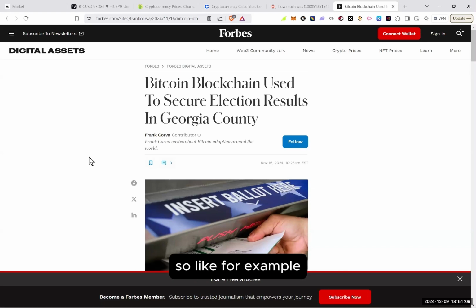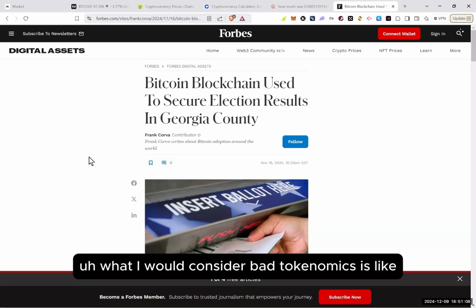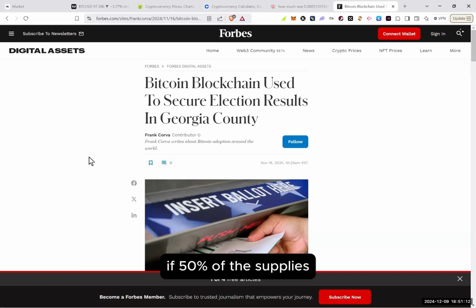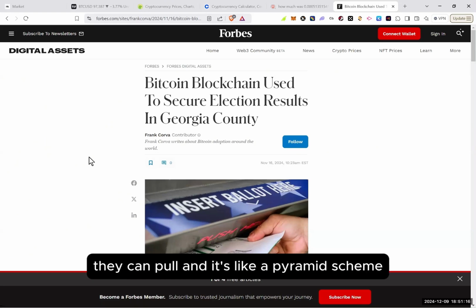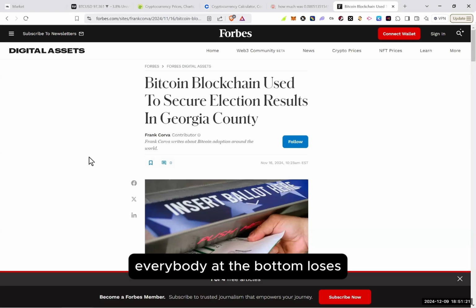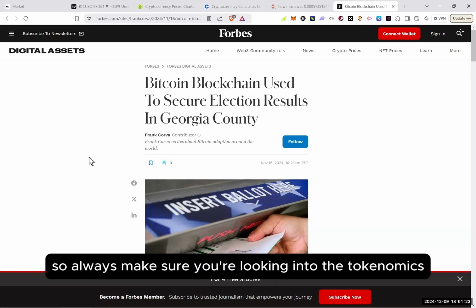For example, what I would consider bad tokenomics is if 50% of the supply is owned by the people who made the coin, because at any point in time they can pull, and it's like a pyramid scheme. Everybody at the bottom loses, you know. So always make sure you're looking into the tokenomics.